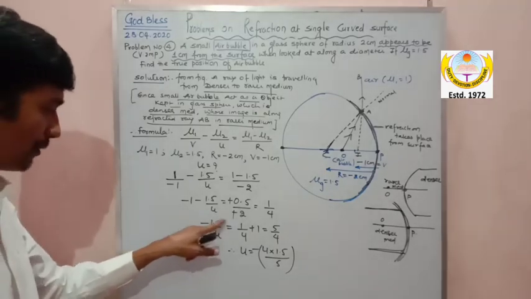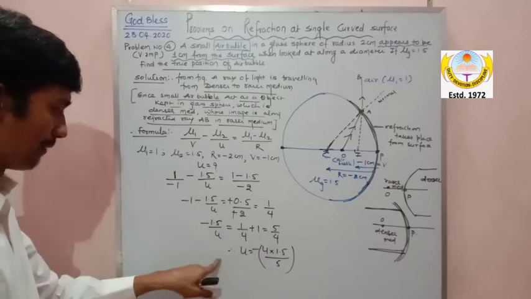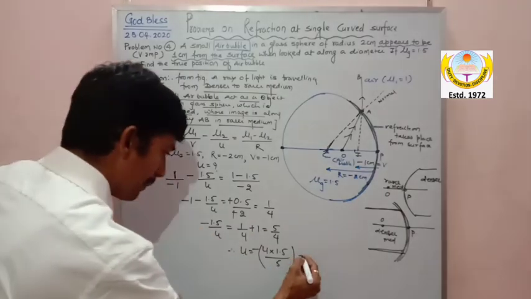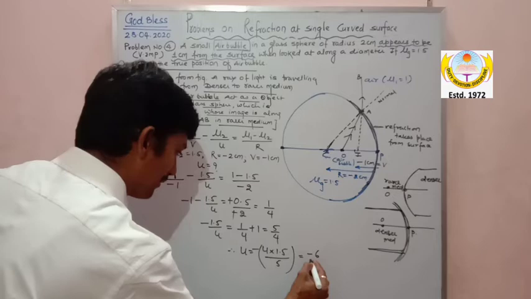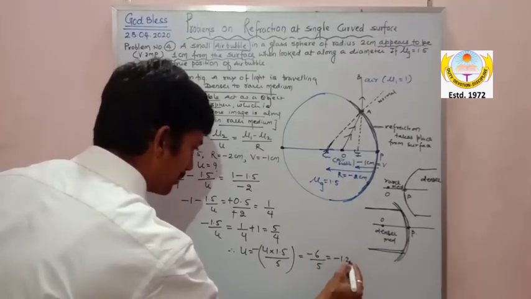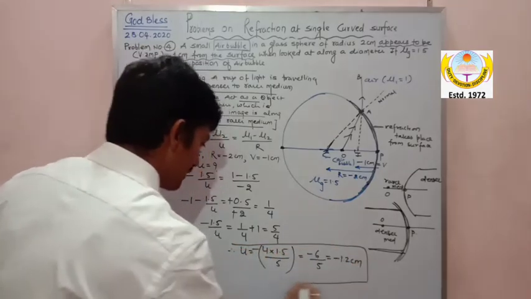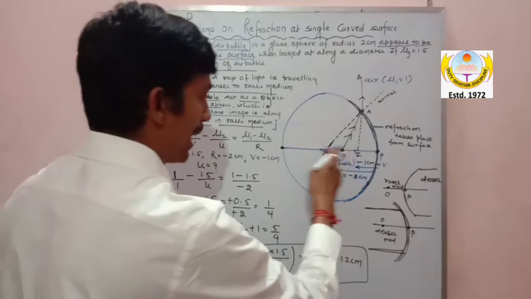So this will be, my dear, I hope, -6 divided by 5, and answer will be nothing but minus 1.2 centimeter. Minus, yes sir, it is minus. So my dear, the object will be at minus 1.2.